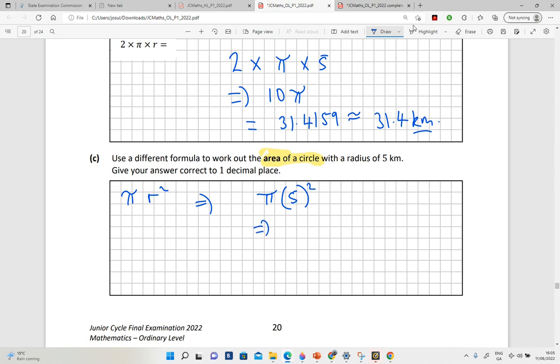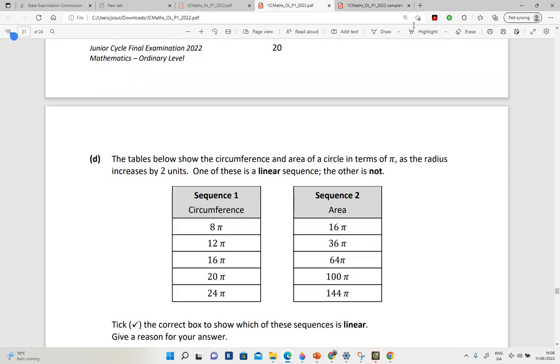So we're talking about 25 pi, which when you use a calculator ends up being 78.5398. We're going to leave that as is, I think.